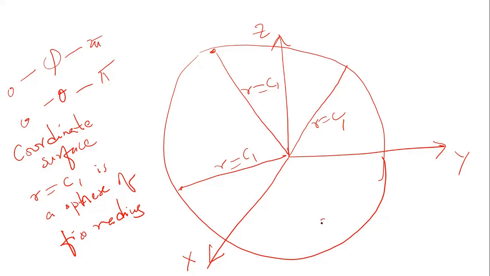You take any point on the surface of the sphere, your r value is always constant. Your r value is the same at all points on the surface of a sphere.